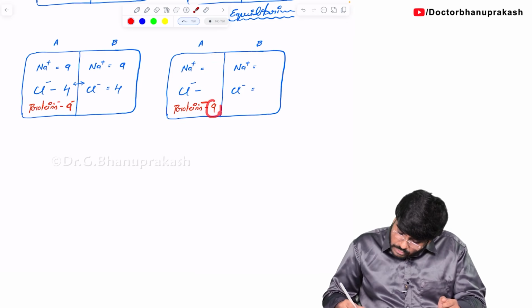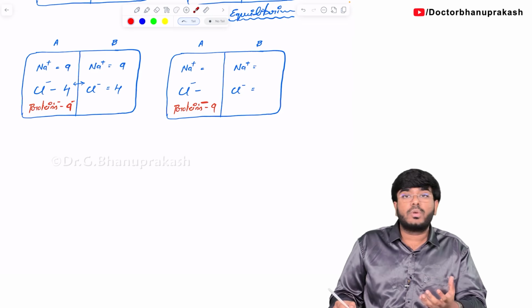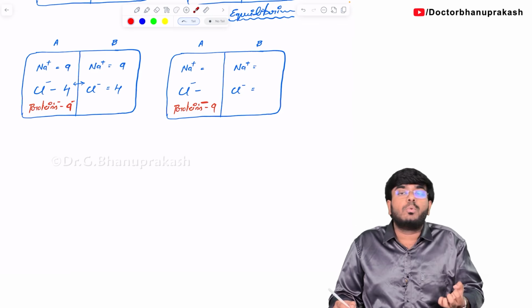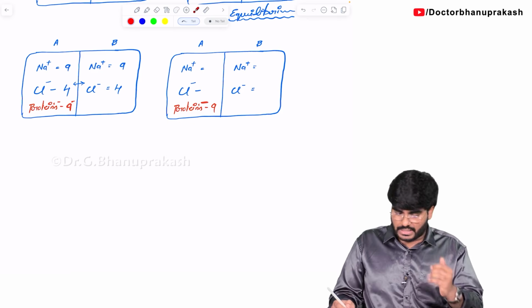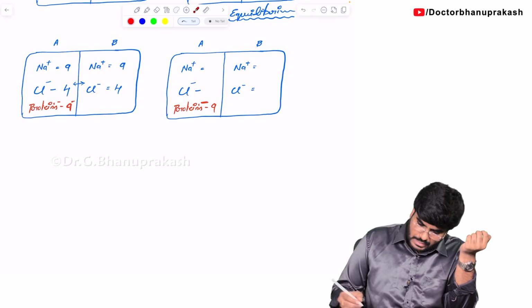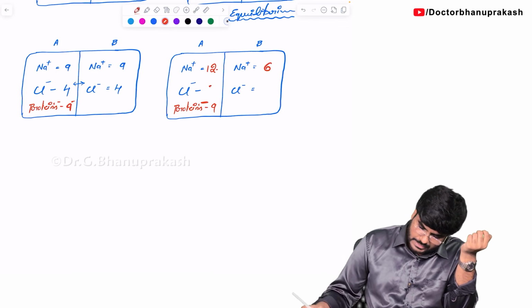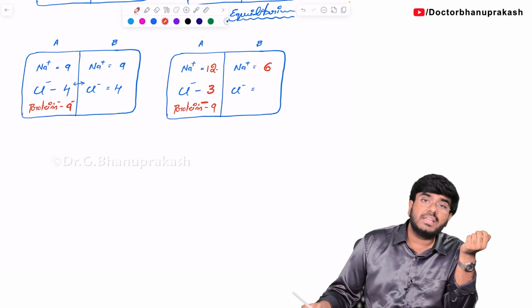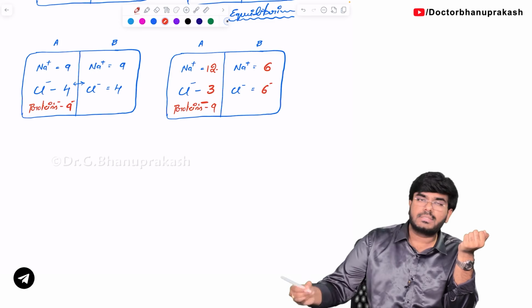These proteins will attract more sodium ions because sodium charges are positive, and they are going to repel more chloride because chloride is a negative charge. So in the presence of these proteins, look, how many sodium are going to be here? 12. And how many sodium here? 6. How many chloride here? Chloride is decreasing, see, 3. How many chloride here? 6.